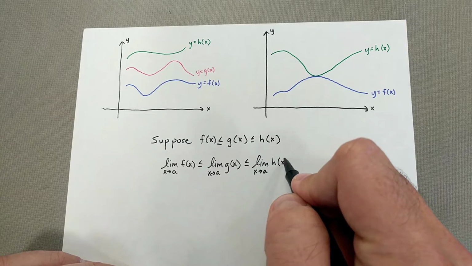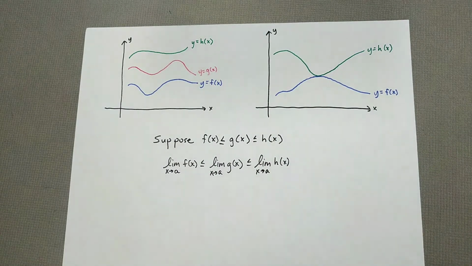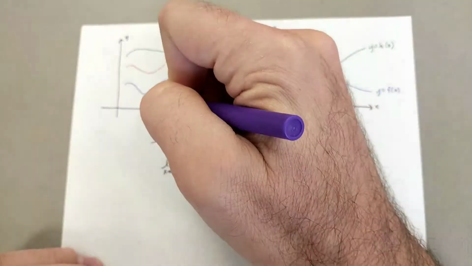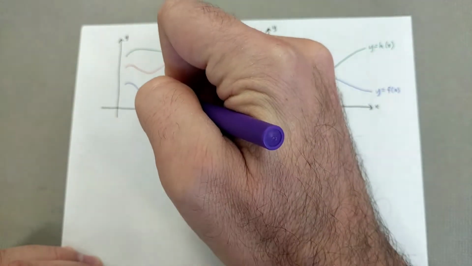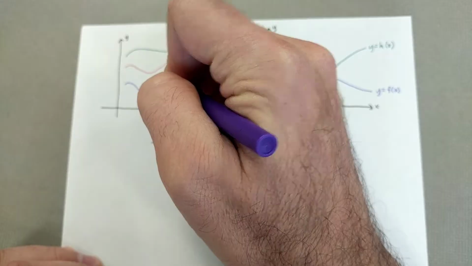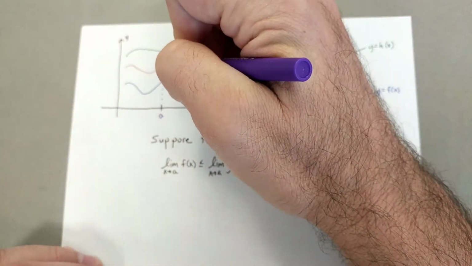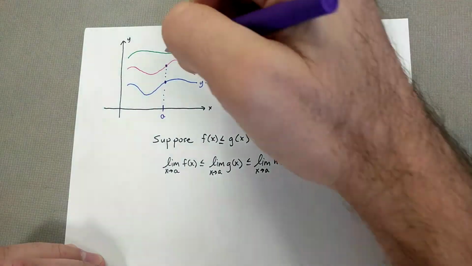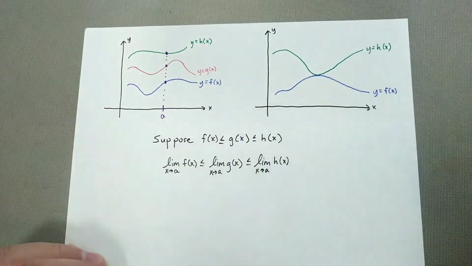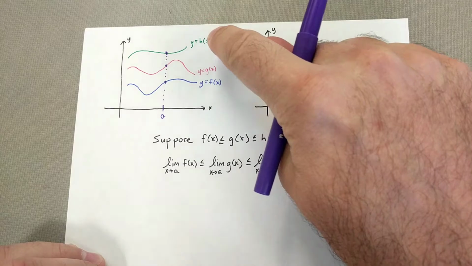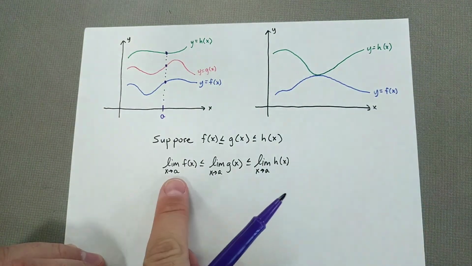And we can see that that inequality has to be true. If you grab a random point here and call that a, then you can see if you go up, f approaches this value here, g approaches that value, and h approaches that value, so h is bigger than g, which is bigger than f, which is what this is saying right here.